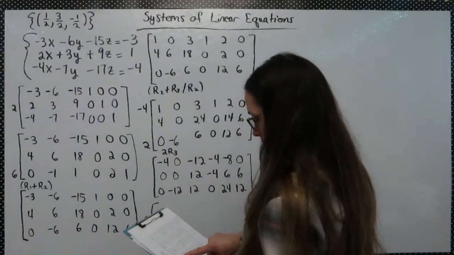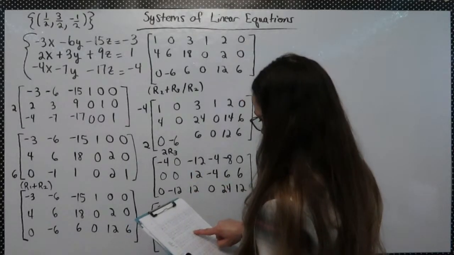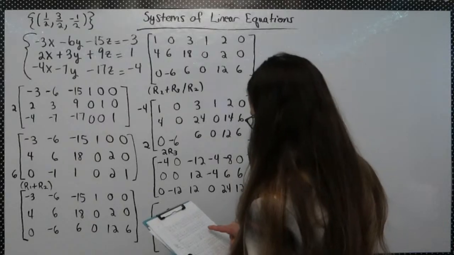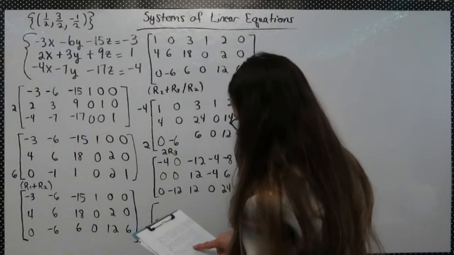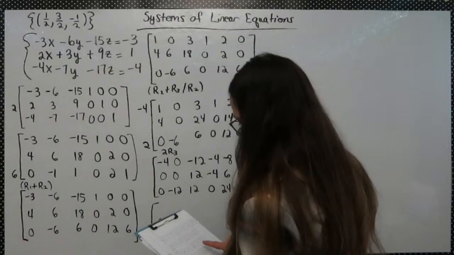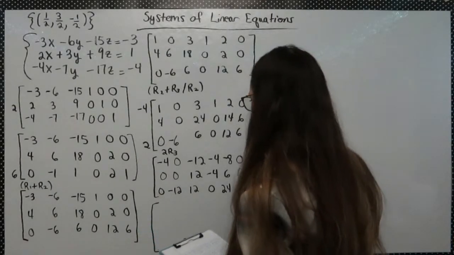Okay, this one, negative 4, 0, 12, negative 4, negative 8, 0, 12, negative 4, 6, 6, 0. Okay, so it looks like the next step I did was I multiplied row 2 by negative 1.